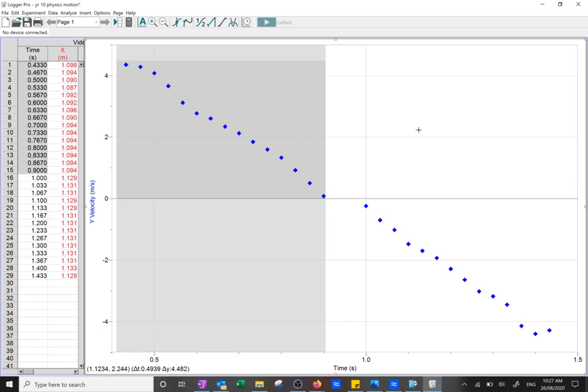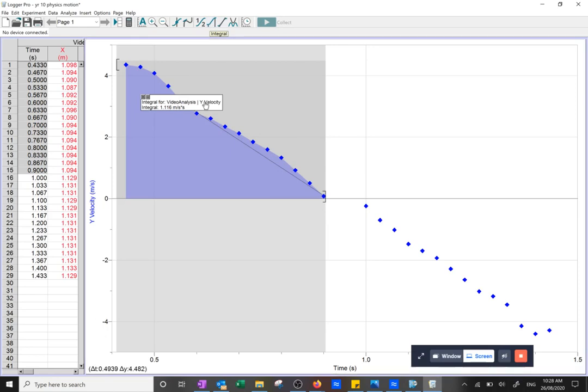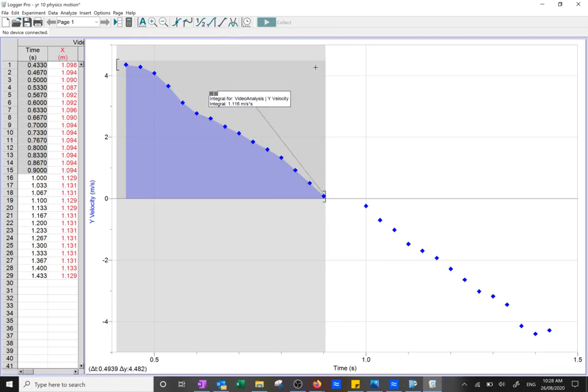So if I click that one, which looks like the roller coaster slide, boom, it gives me the area under as 1.16 meters. So that is the positive displacement of the ball from when it left my hand to when it got to its highest point where it was stationary. It displaced itself positive 1.1.